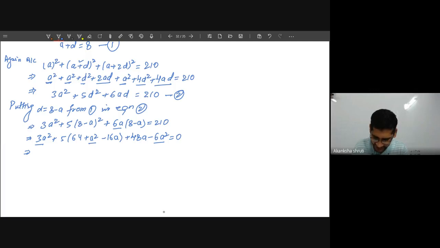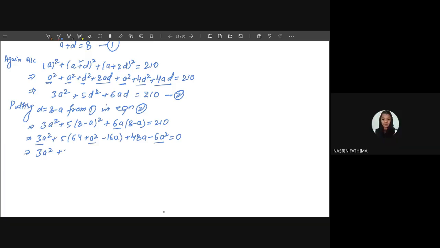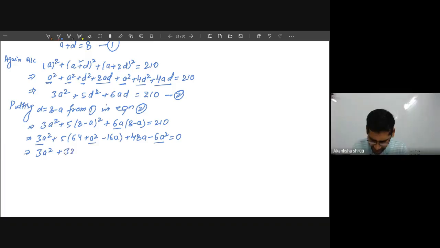Many students may not understand, so I will first write the second bracket also with the distributive rule. So 3a square plus 5 multiplied by 64. Okay, multiply this. So it becomes 320. Yes, it is 320 because 5 fours are 20, 5 sixes are 30, and 2 makes 32.